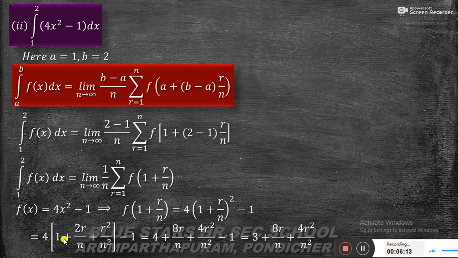So I write 4 into (1 plus 2 into 1 into r by n, so 2r by n, plus (r by n) whole square, so r square by n square) minus 1. In the next step I take the 4 in as a factor: 4 plus 4 into 2 are 8r by n plus 4r square by n square minus 1. So next, 4 minus 1 means 3, 3 plus 8r by n plus 4r square by n square.